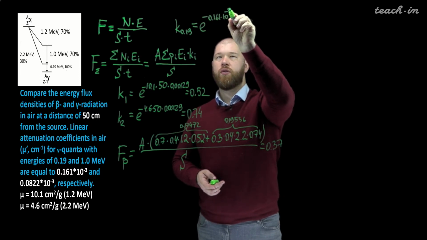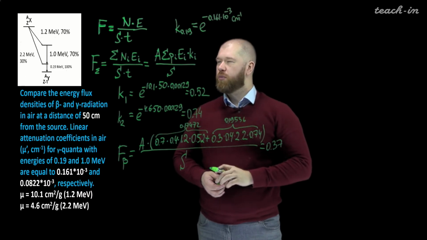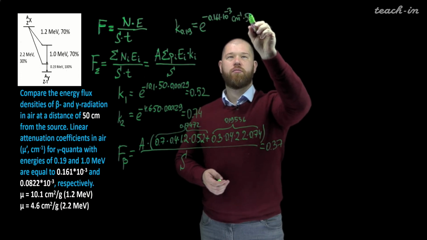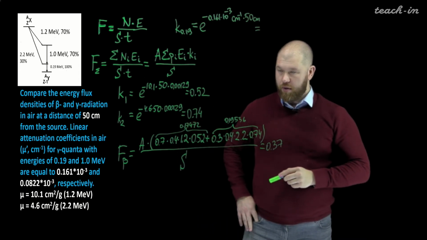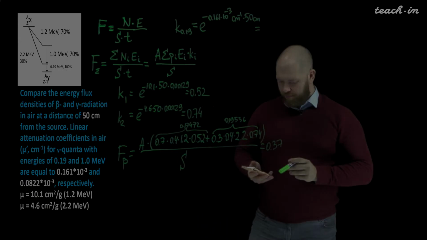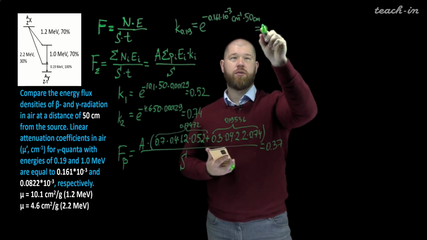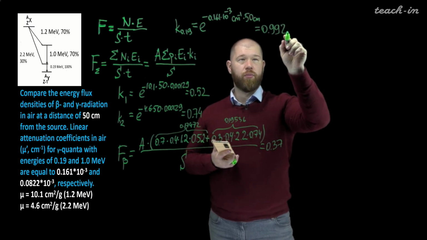10 to the minus 3 centimeters to the minus 1, and we multiplied it simply by the distance, linear distance, and we can see that it is 0.992.